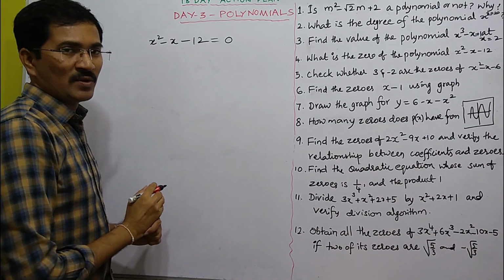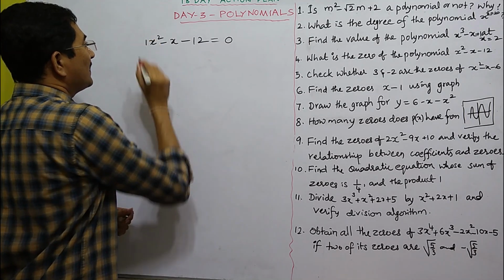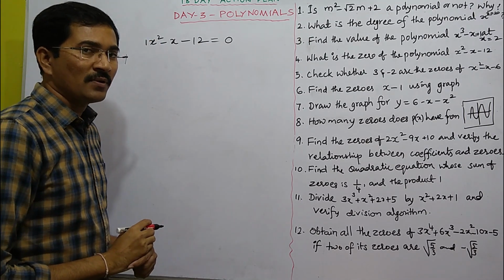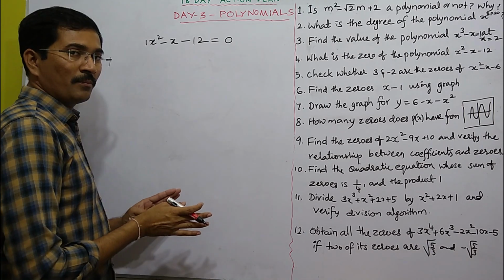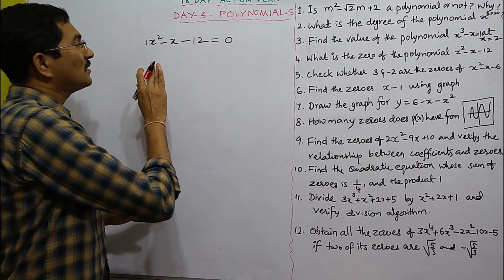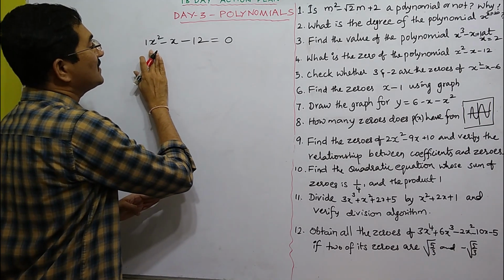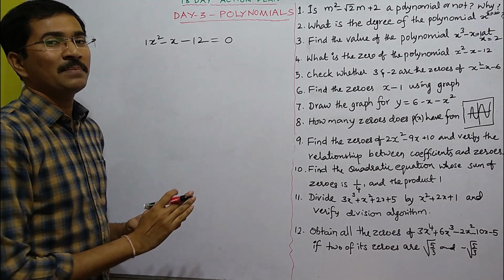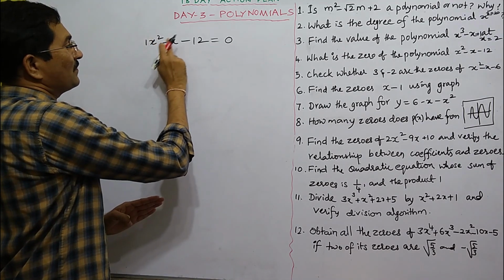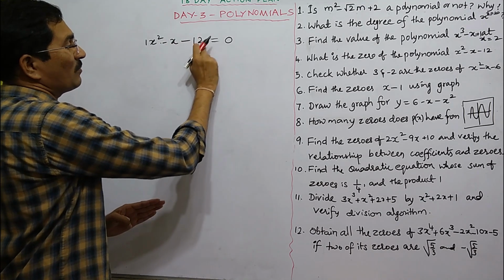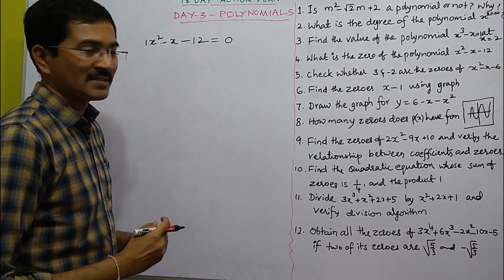Take this quadratic equation and let this be the coefficient of x square. Before finding, you should take care to arrange them in the decreasing order of their powers. So second power first, next first power, next zero power. Like this you have to arrange them in sequence.